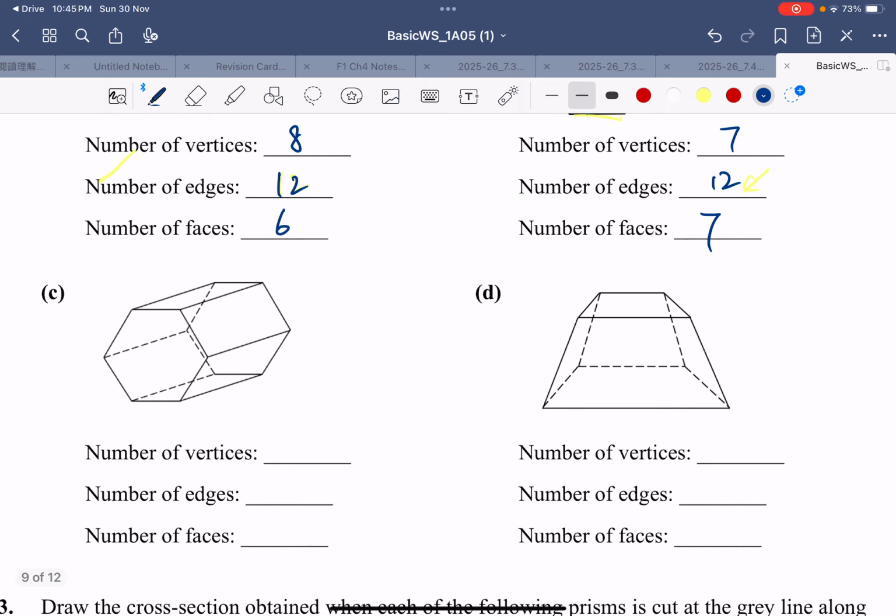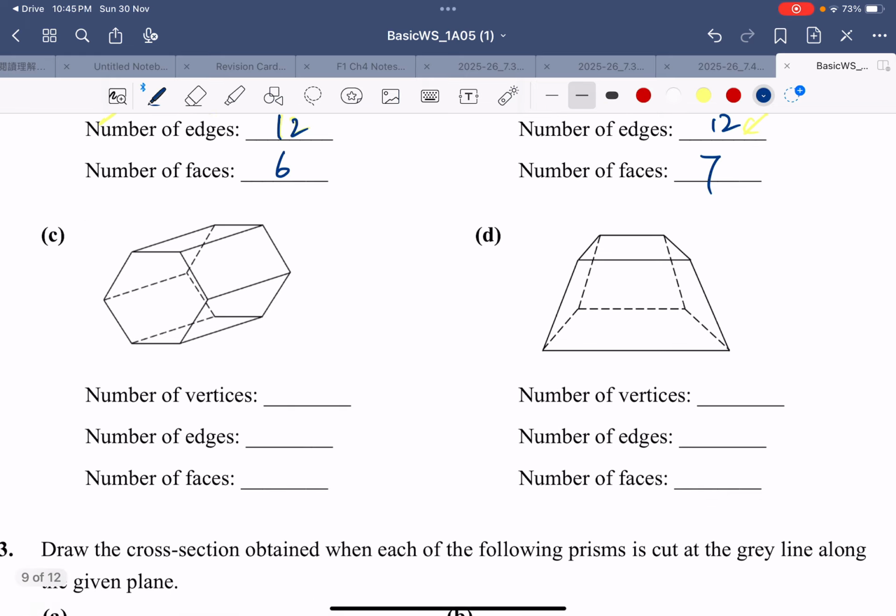Okay, count next figure. Number of vertices: 1, 2, 3, 4, 5, 6, 6 at the back, so 12. Number of edges: 6 here, 1, 2, 3, 4, 5, 6 there, and at the back 6, 18.